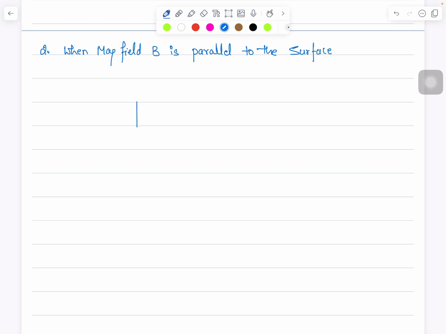Let's say this is your surface. Okay, how? Parallel means, okay, can I draw like this? This is your magnetic field. This is the B vector. So can I say here is your B cap? Fine. So you can say, what is the angle here? With the surface, parallel means theta equals to 0 degree.